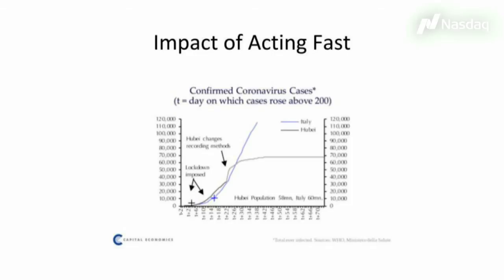Similarly, when you can get your lockdowns in place when there's only 1,000 odd people with the coronavirus, the chances of it spreading to 100,000 is much less than if you wait a little bit longer and suddenly you have 10,000 cases like Italy saw, and it became much harder for them to actually isolate the people and stop the spread of the disease. So this chart's interesting because it really does show the power of compound growth and the importance of getting this under control early.